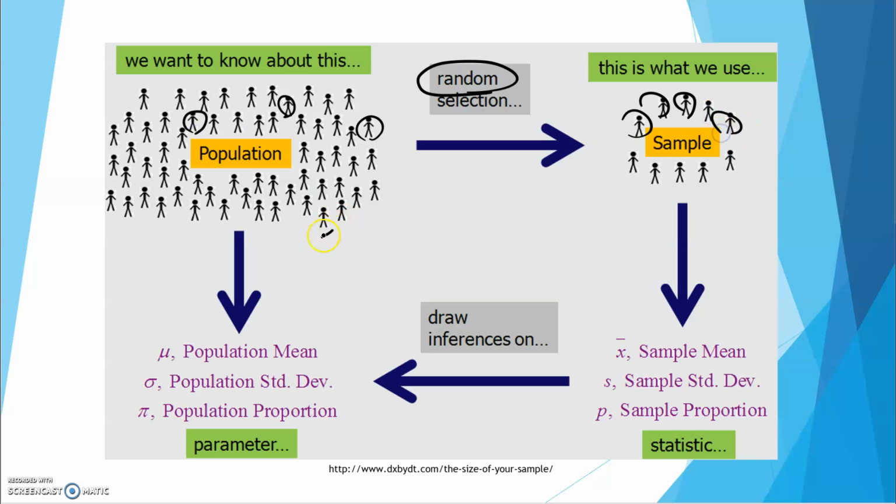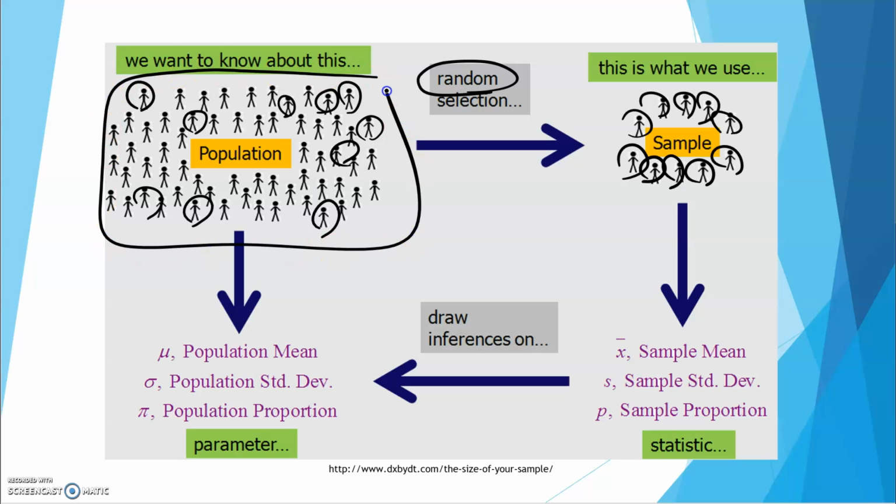So we didn't use every single person. We just used a few people from that entire population. Because remember, most of the time it's either too many people, too much time, or too much money. So we want to narrow it down and just look at a few of the people from this entire group right here.